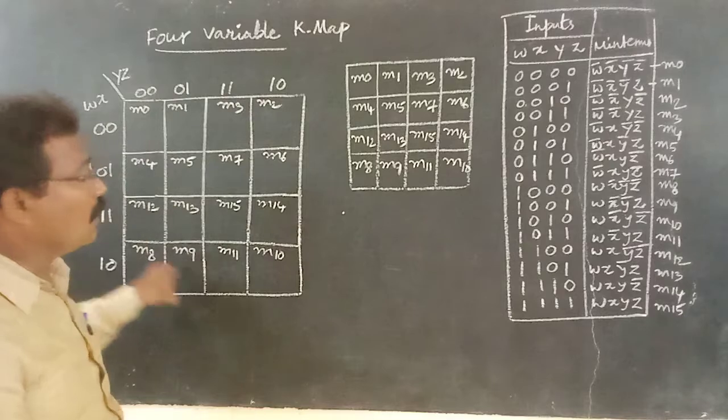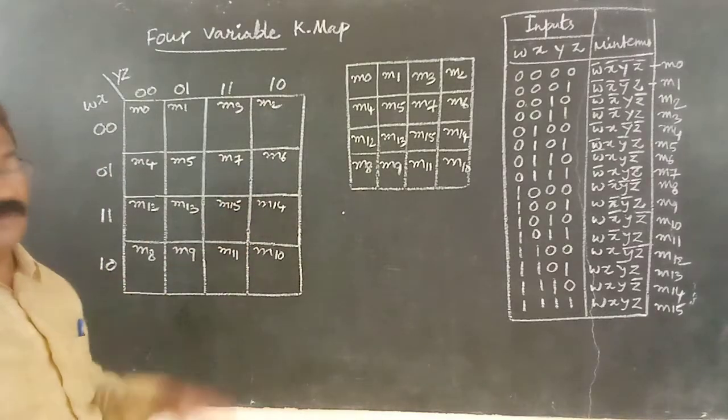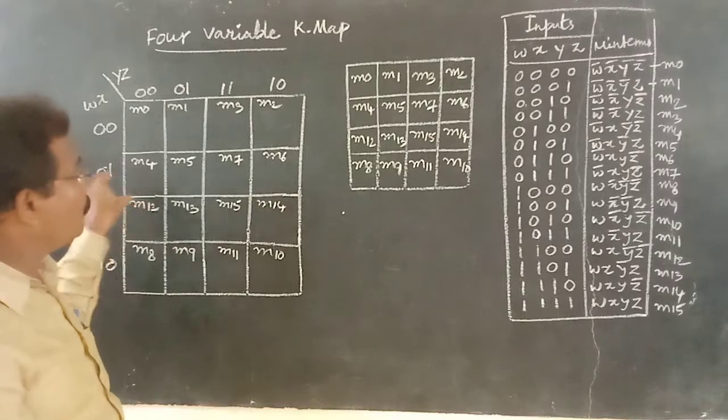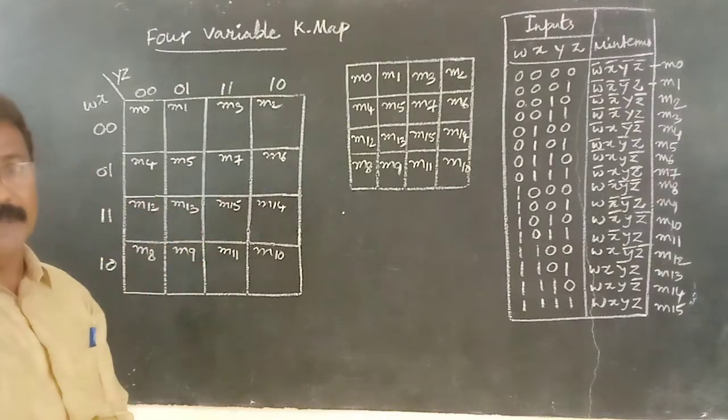This is the representation of minterms in the four variable K-map, and each minterm specifies a square in the K-map.